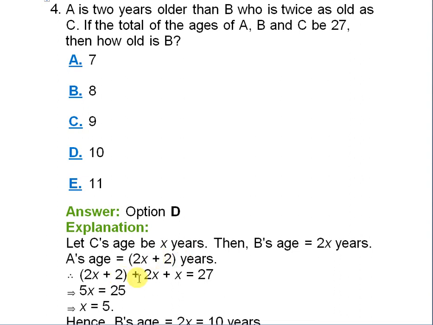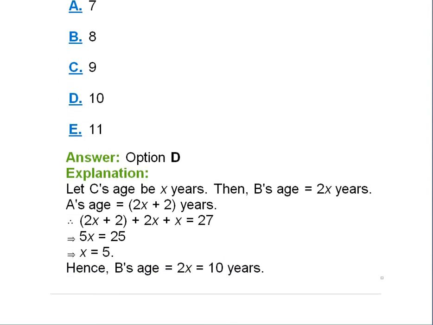So you will add all the three ages and put it equal to 27, because the total of the ages of A, B and C is 27. You will get 5x equals 25. So x will be 5 and B's age will be 2x, which equals 10.